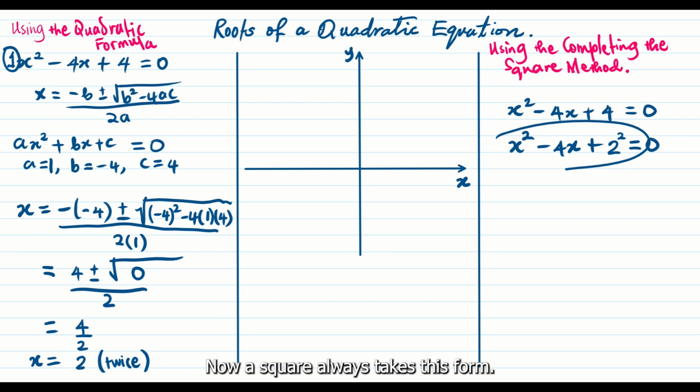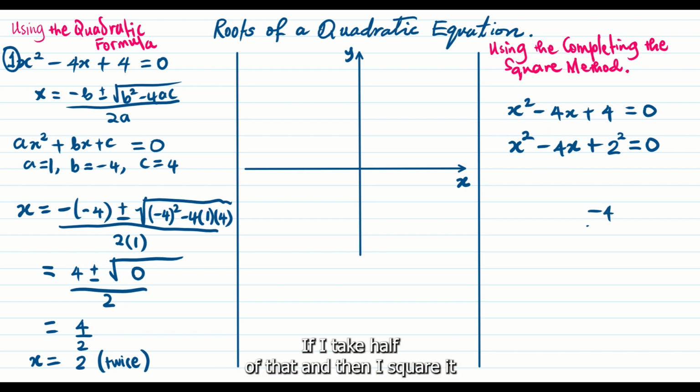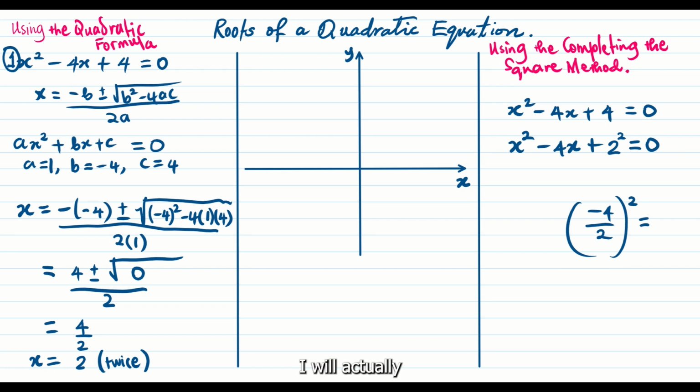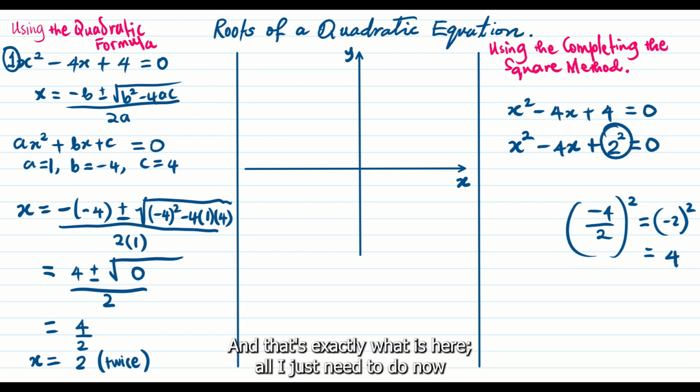Now, a square always takes this form. How do I know? If I look at the coefficient of x here, it is minus 4. If I take half of that and then I square it, I will actually have negative 2 all squared, which is the same thing as 4. And that's exactly what is here.